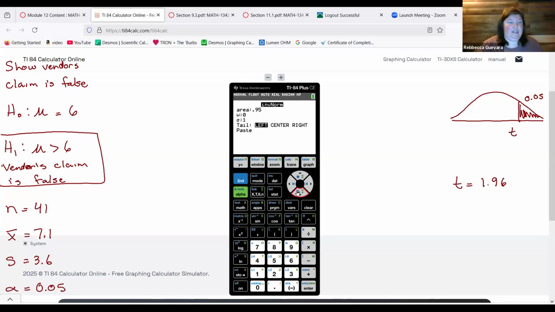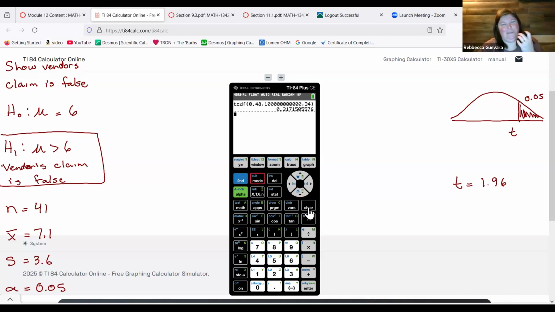We leave the rest the same because we just need a t-score, so mean is 0 and sigma is 1. Wait, I think I hit the wrong invert normal curve. I was supposed to be on number 4.